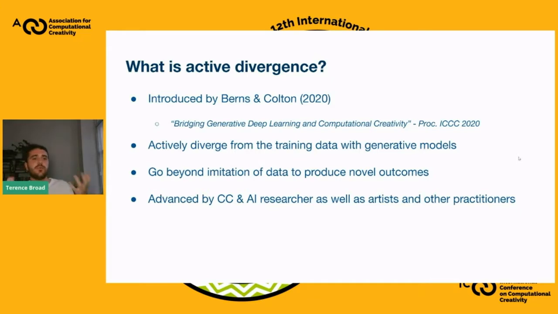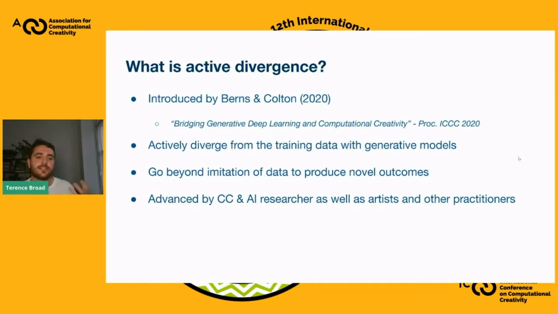This is an important distinction to make because it's kind of an orthodoxy of machine learning that we learn from data and we imitate data, and that's an end in and of itself. But in terms of creativity, there's a limited amount of creative potential if all you're trying to do is imitate data. So we think looking at active divergence as a different category of approaches is an important distinction to make.